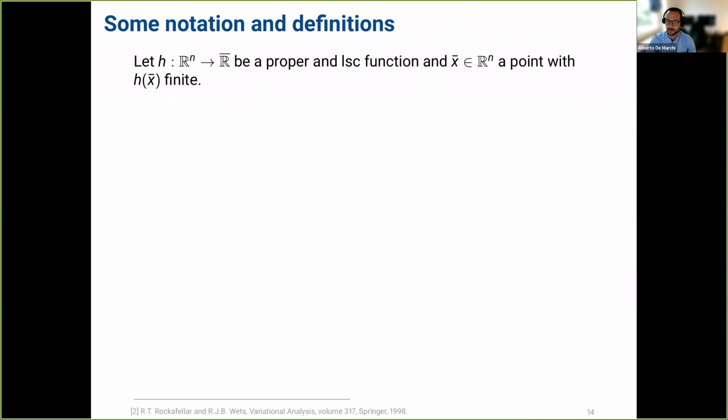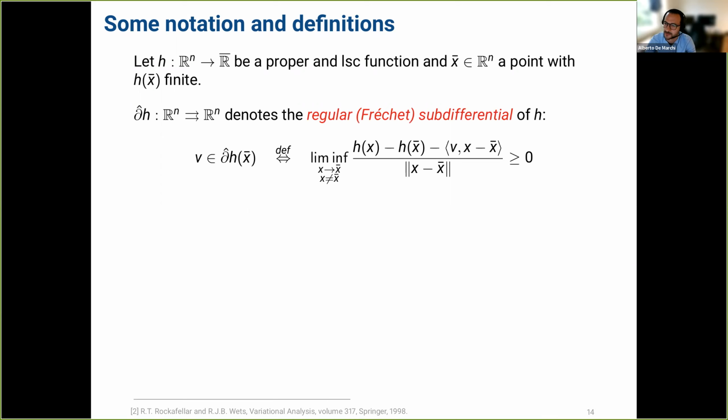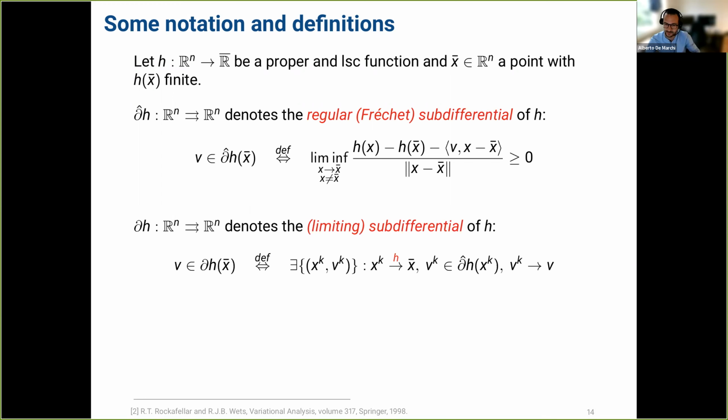Okay, so now I talked about these subdifferentials, and maybe I should define them also. For a function h, proper lower semicontinuous, we have the classical Rockafellar definition of the regular subdifferential here. And then we have the definition of the limiting subdifferential. What I want to stress is this little h on top of the arrow.